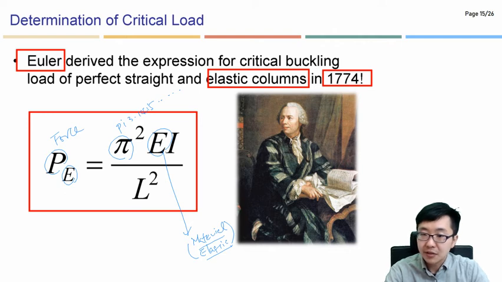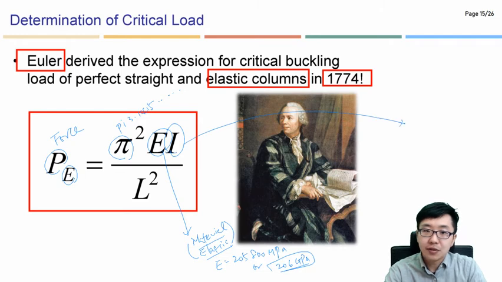In general, E is 205,800 megapascal or 206 gigapascal, used in shipyards. And I, if this is our column and its sectional properties, we can calculate the moment of inertia values, and L represents the length of the column.